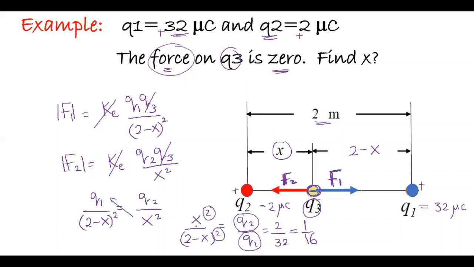It's better to get rid of these squares. So we will get x divided by 2 minus x. I'm taking the square root of the left side and the square root of the right hand side. So the square root of the right hand side will give 1 by 4. Okay, and then you can cross multiply and get x. You will find that the value of x can be found very easily.